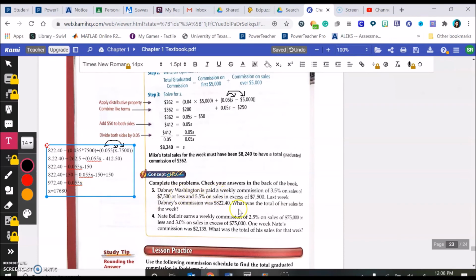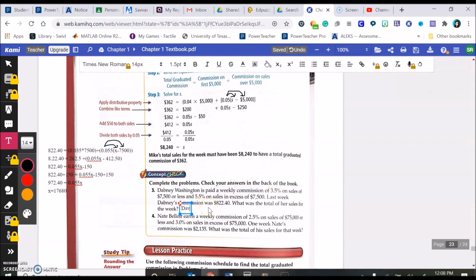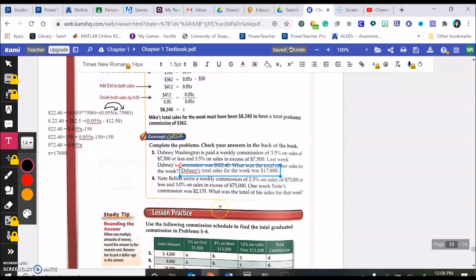So Dabney's total sales for the week was $17,680.